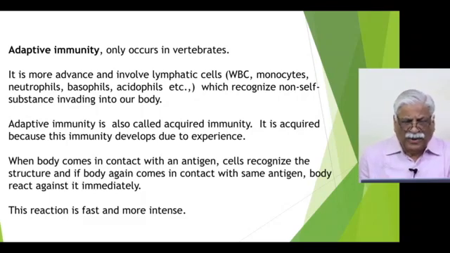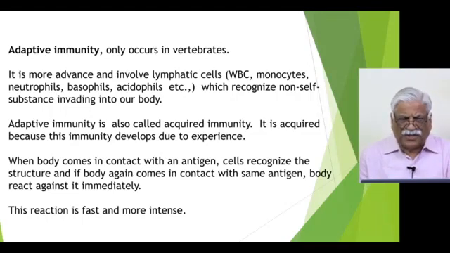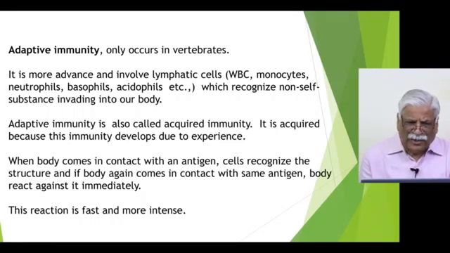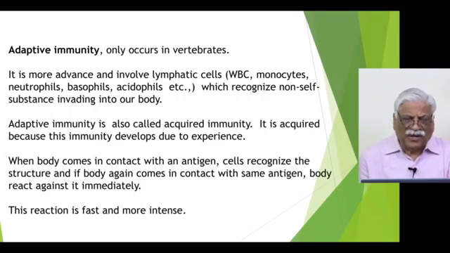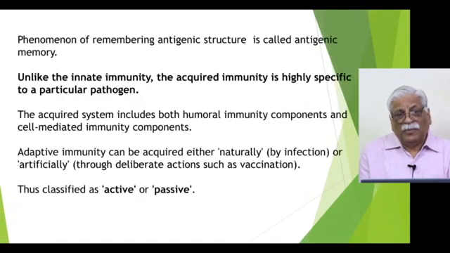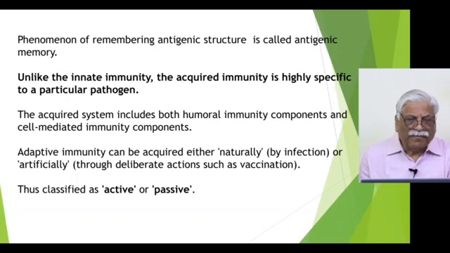The reason is very simple: the cells present in the body have already recognized the structure of the poison or any invading substance, and therefore this time the reaction is quicker. Suppose the first time it took about 30 seconds, this time the reaction will be immediate, like in 5 seconds, and it will be more intense as compared to the first time. This phenomenon, remembering the antigenic structure, is also called antigenic memory.